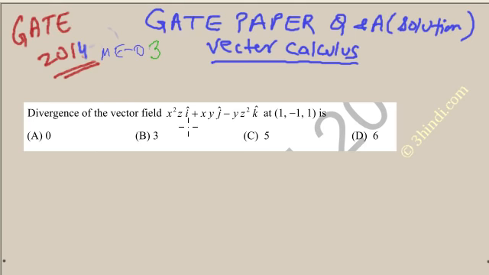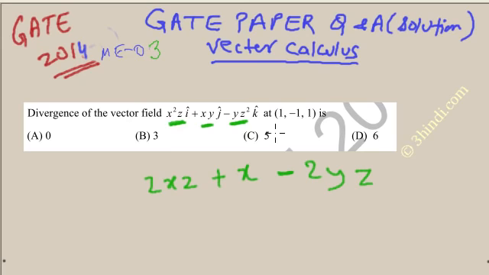Here, to find the divergence div of f, differentiate this with respect to x, differentiate this with respect to y, differentiate it with respect to z, and add all of this. If you differentiate with respect to x, you will get 2xz plus x minus 2yz.